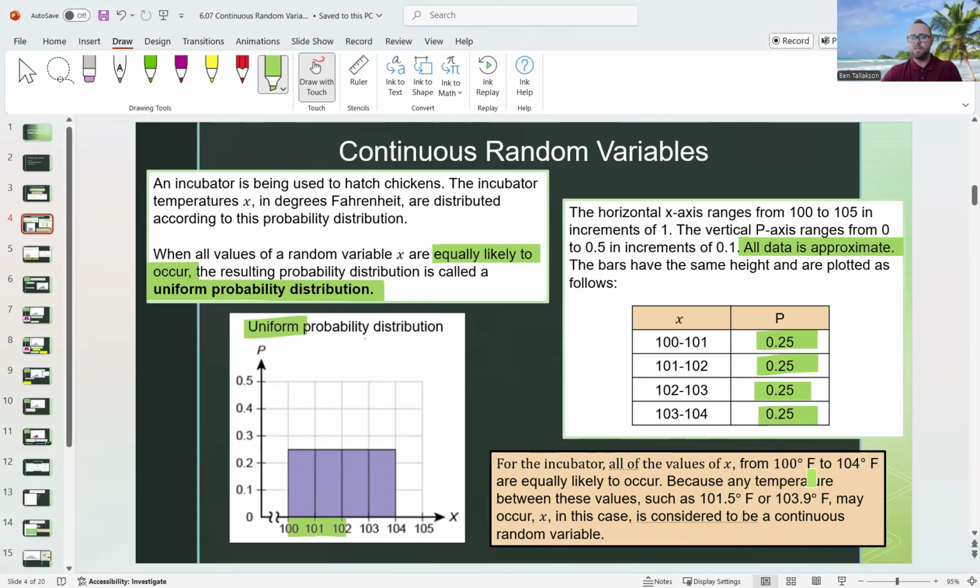And because any temperature between these values, like maybe 101.5 or 103.9 may occur, that means this is considered a continuous random variable. Basically, whenever we look in this incubator, we will find a temperature somewhere between 100 and 104, and it fluctuates, kind of like your AC in your home, right?